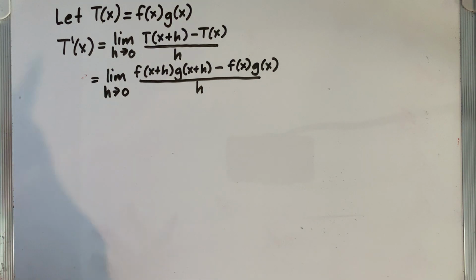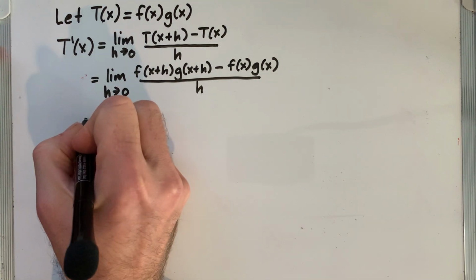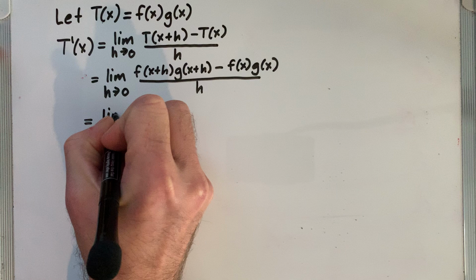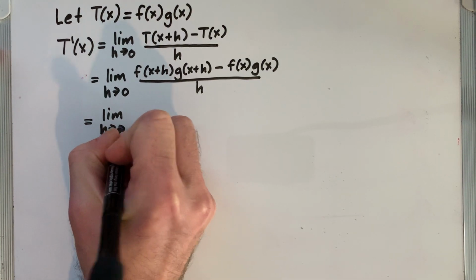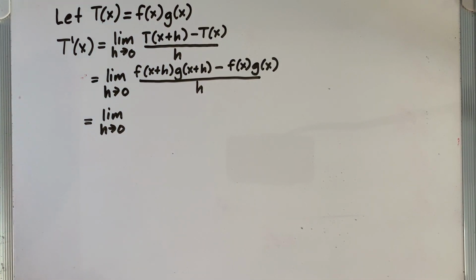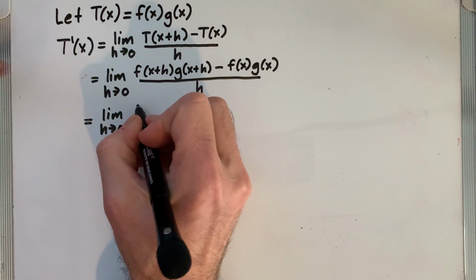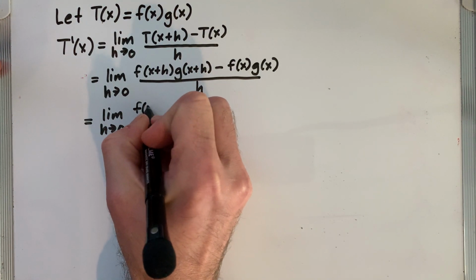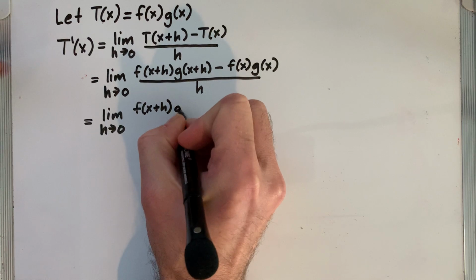Now, this is the part that is interesting, okay? We're going to add 0 to this by taking two terms, one of them positive and one of them negative, that would cancel each other out. And at first, it's going to look like, why on earth would we do this? But it will make sense in a second.